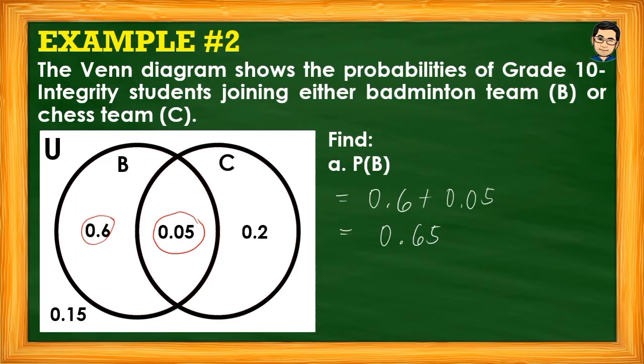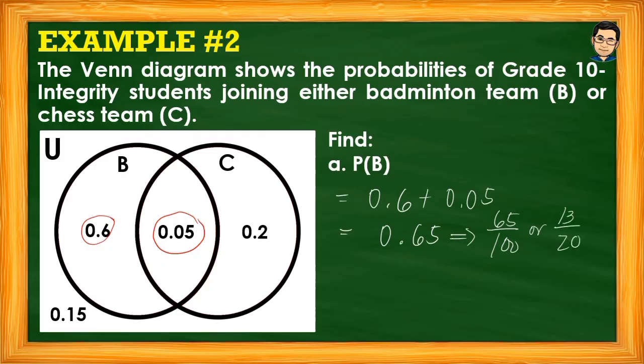Now, 0.65 can be expressed in fraction or percentage. So 0.65, so kapag tinransform natin siya into fraction, that is 65 over 100, di ba? And then, pwede natin i-simplify yan. It's because meron silang common factor, which is 5. So 65 over 100, that will become 13 over 20.